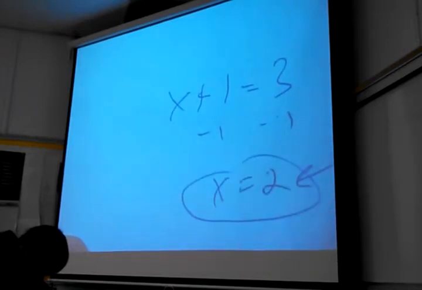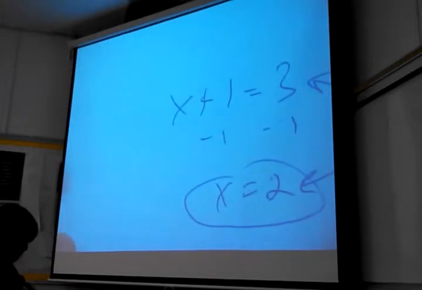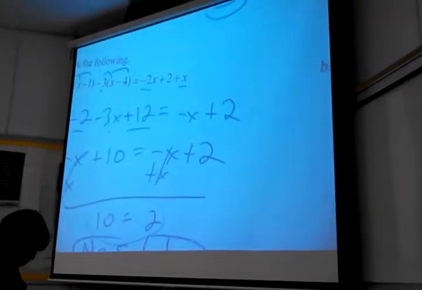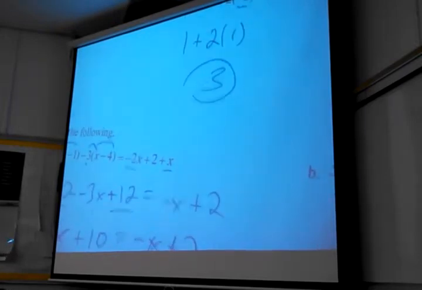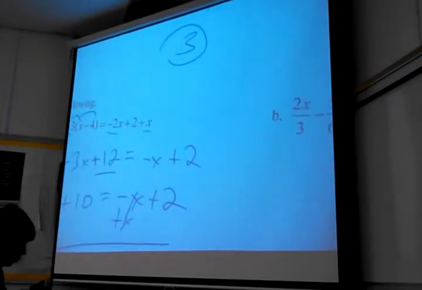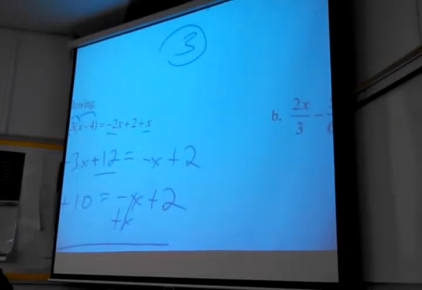When this is true, then this is true. Here, when this is true, never, then this is true. Oh, I can't make it true, no answer. If I got 10 equals 10, when is that true? Always. So therefore, the answer would be everything. Everything would work.